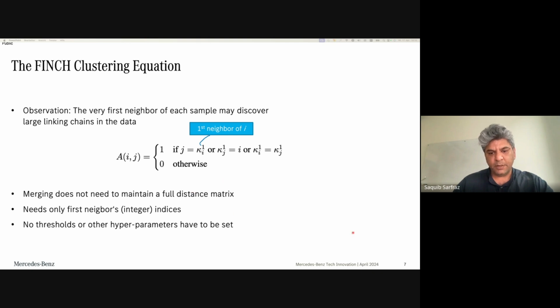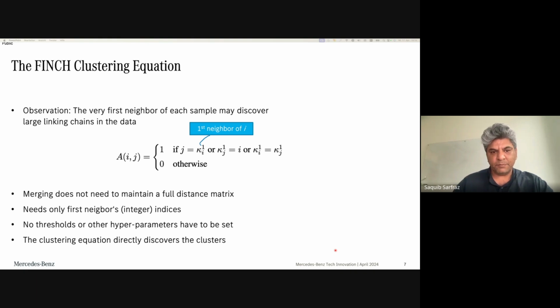So the clustering equation directly specifies this adjacency link matrix, whose connected components are then the clusters, and no further analysis such as solving a graph partitioning or distance threshold is required. As simple as that, right?